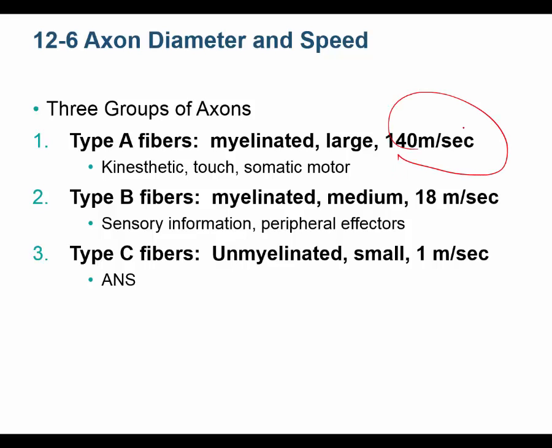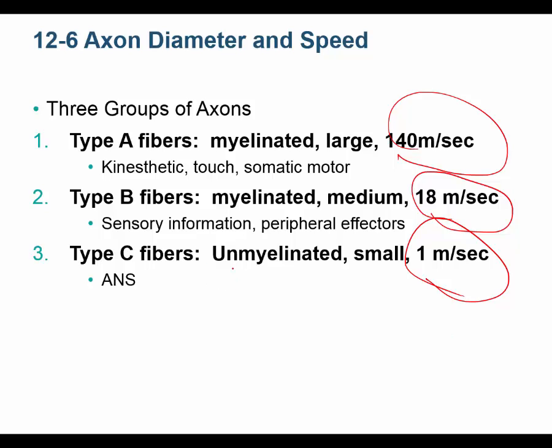I know the movie says approaches 100 or something near 100, but we have axons that fire up to 140 meters per second. The type B fibers, they're myelinated, but they're smaller, so they're not as fast. They conduct impulses at about 18 meters per second. And then the type C unmyelinated fibers, even though the previous video said rarely exceeds 2 meters per second, I'm going to tell you they're 1 meter per second or even less sometimes, some of these gray fibers.